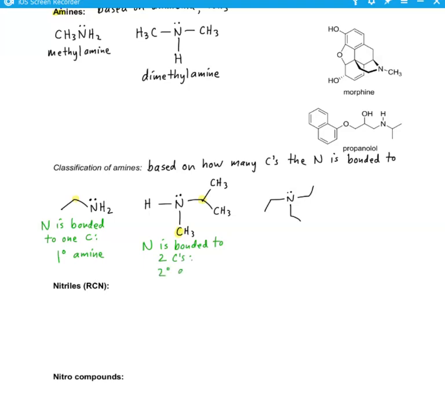That is a secondary amine. And in the third example, I've highlighted the three carbons that the nitrogen is bonded to, which makes it a tertiary amine. So primary, secondary, and tertiary amines.